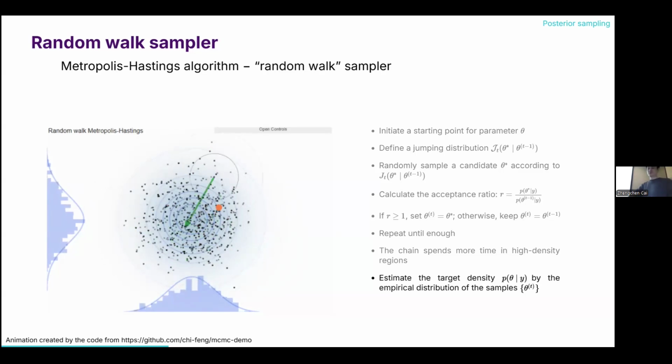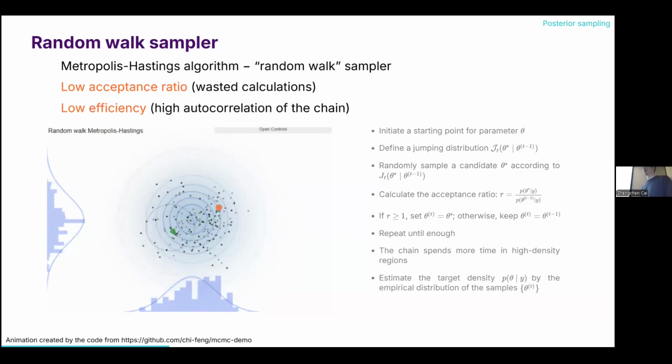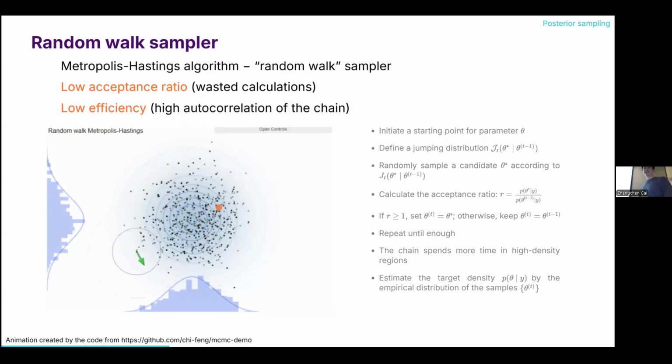What will happen, as you already see here, is the acceptance ratio is low, which means you will waste a lot of computation on those red proposals because you are not sampling anything, just doing the computation, right? You will also have low efficiency because each new state depends on the current state.